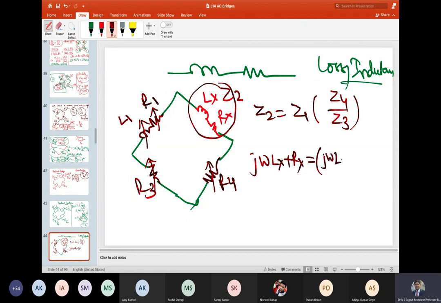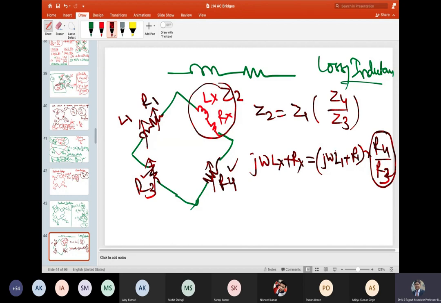J omega L1 plus R1 multiplied by, since we have taken purely resistive known arms, so this is R4 by R3, R4 by R3, which is a constant, right?